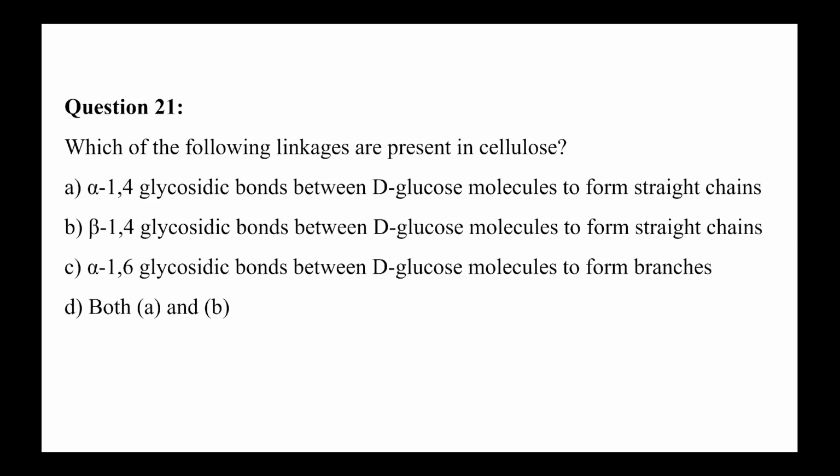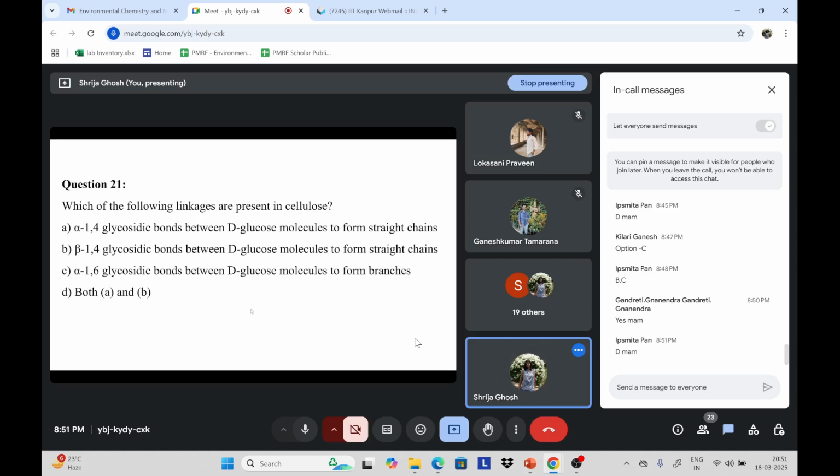Which of the following linkages are present in cellulose? Alpha 1,4 glycosidic bonds between D-glucose molecules to form straight chains, beta 1,4 glycosidic bond between D-glucose to form straight chains, alpha 1,6 glycosidic bond between D-glucose to form branches, or both A and B. What kind of linkages are present in cellulose?